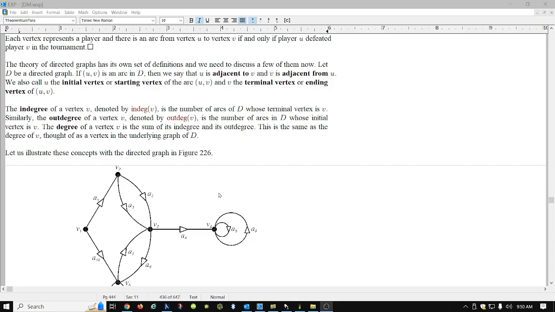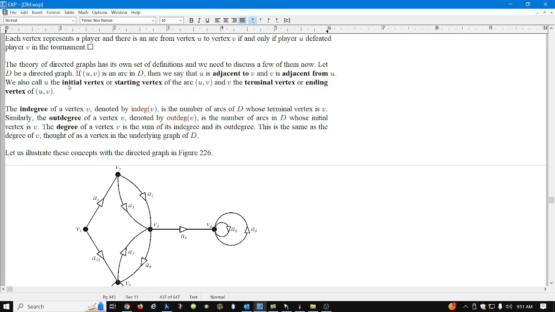So, for example, if UV is an arc in a directed graph, then we say that U is adjacent to V, or that V is adjacent from U. And U would be called the initial vertex or the starting vertex of the arc. V would be the terminal vertex or the ending vertex.